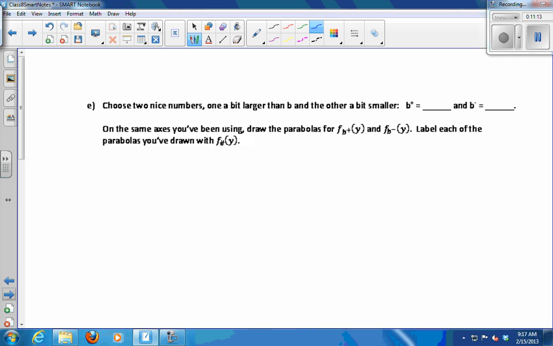Okay, so I want to choose two nice numbers, one a little bit bigger than 4 and one a little bit smaller than 4. What do you think? 5 and 3, I like those. On the same axes where we've been drawing our parabolas, I want to draw y squared minus 4y plus 5 and y squared minus 4y plus 3.